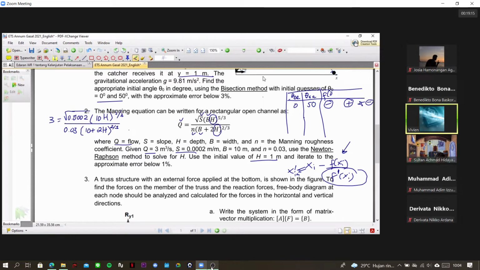All right. So with this, we have to construct an equation in which this will be equal to 0. We can rearrange the equation and bring that to the left-hand side. For example, here we have 0.09 times 10 plus 2h to the power of 2 over 3, and that will be equal to the square root of 0.0002 times 10h to the power of 5 over 3.